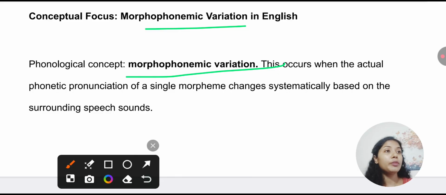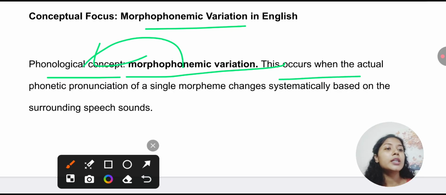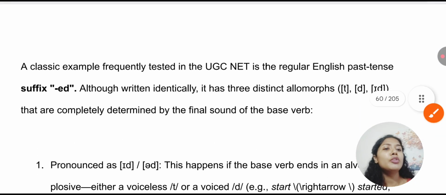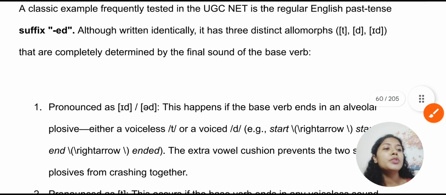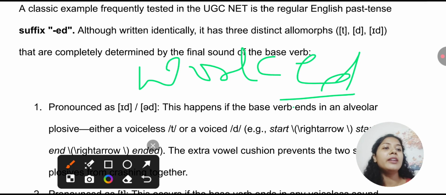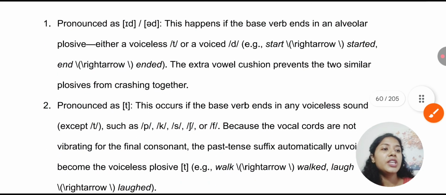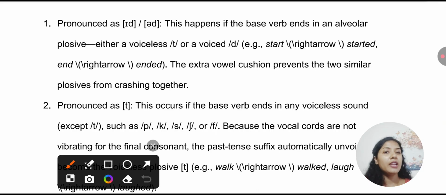In the previous class, if you'll see, there the linguistics is very helpful. So this is a phonological concept, it falls in phonology. This occurs when the actual phonetic pronunciation of a single morpheme changes systematically based on the surrounding speech sounds. For example, single word morphemes like work, add er, work becomes worker, so the meaning changes. And in the same root word work, if you add ed, work becomes worked, right? So this is how you pronounce it. यहाँ पे it is given the pronunciation while using voiceless, voiced, alveolar, plosive. ये सब हमने अपने MA में already understood. Okay.